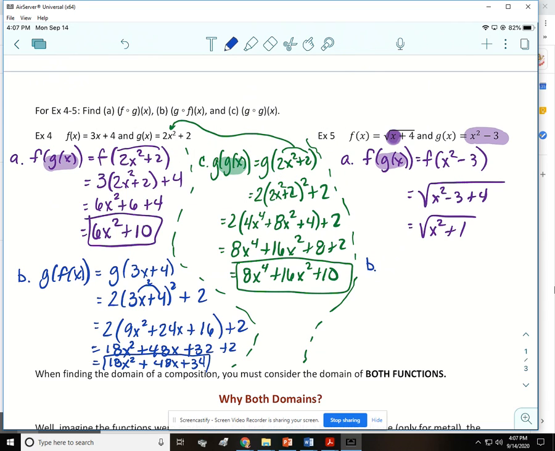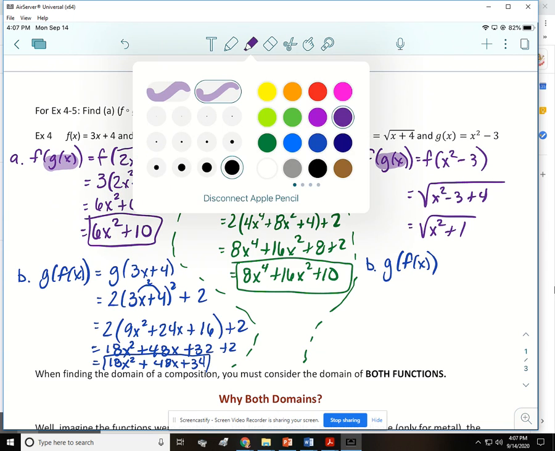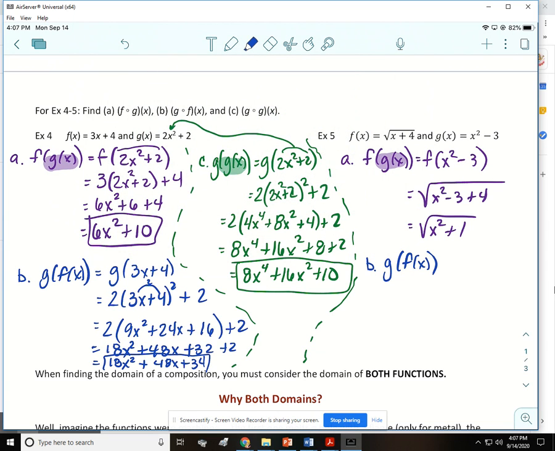All right, for B, we're going to do g of f of x. Okay, so in the place of f of x, I'm going to write what f of x equals. g of the square root of x plus 4.